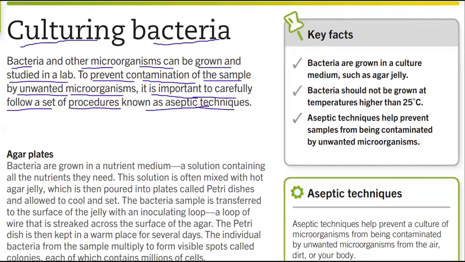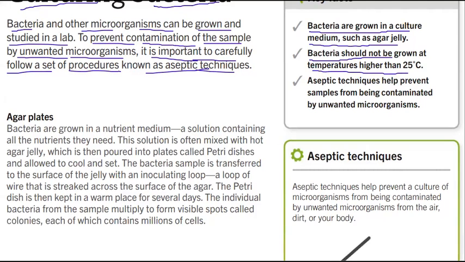In the key facts, bacteria are grown in culture mediums such as agar jelly, and bacteria should not be grown at temperatures higher than 25 degrees. Aseptic techniques help prevent samples from being contaminated by unwanted microorganisms.